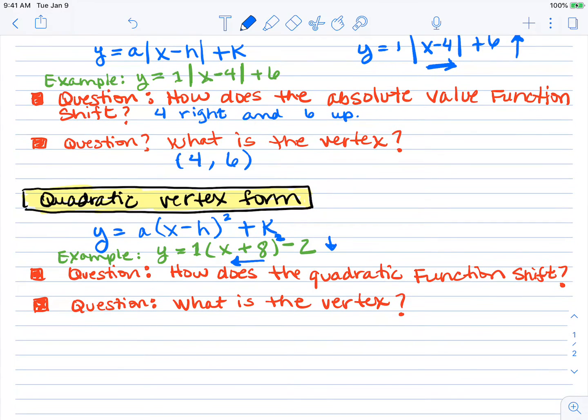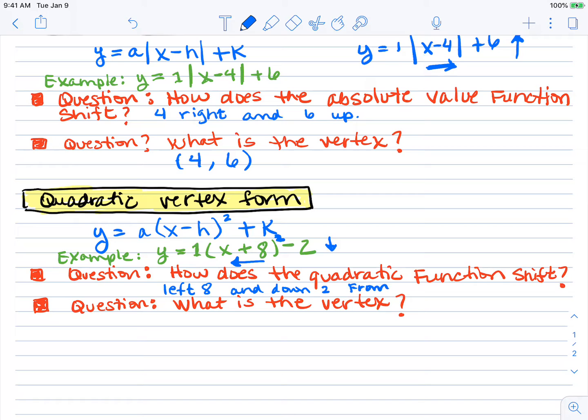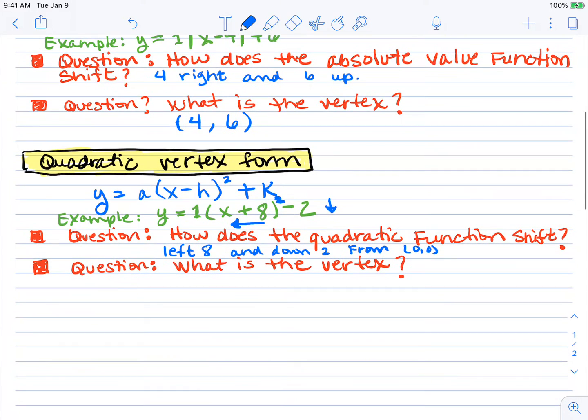So I'm going to say it shifts left 8 and down 2, and that should be from the origin. And then it's asking me what my vertex is, so the vertex is going to be -8 and -2.